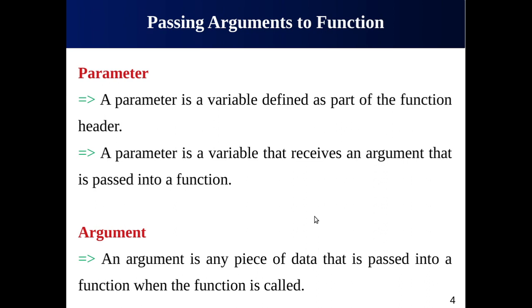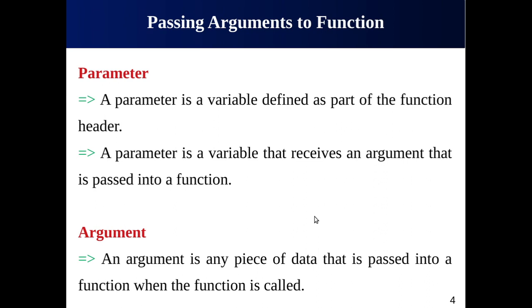On the other hand, an argument is any piece of data that is passed to the function when the function is called. The argument is actually the value or the data that is passed to the function when that function is called. And the data that we provide to the function is actually held within the parameter.